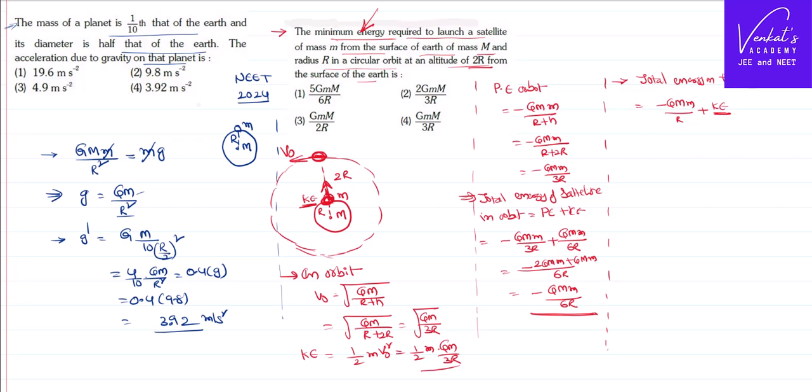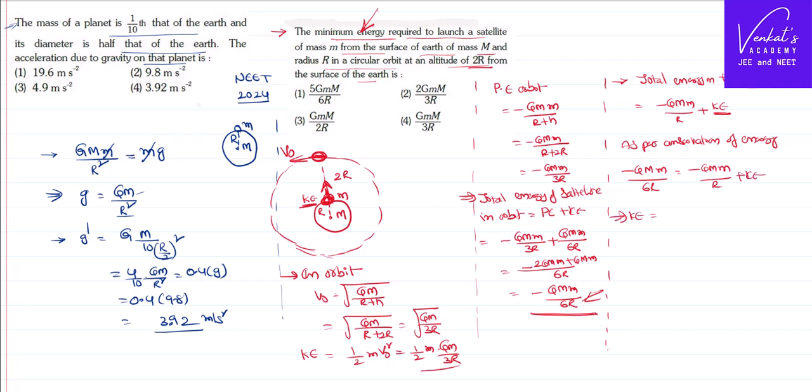That implies, as per conservation of energy, minus GMm by 6R, that is this energy, equals minus GMm by R plus kinetic energy.